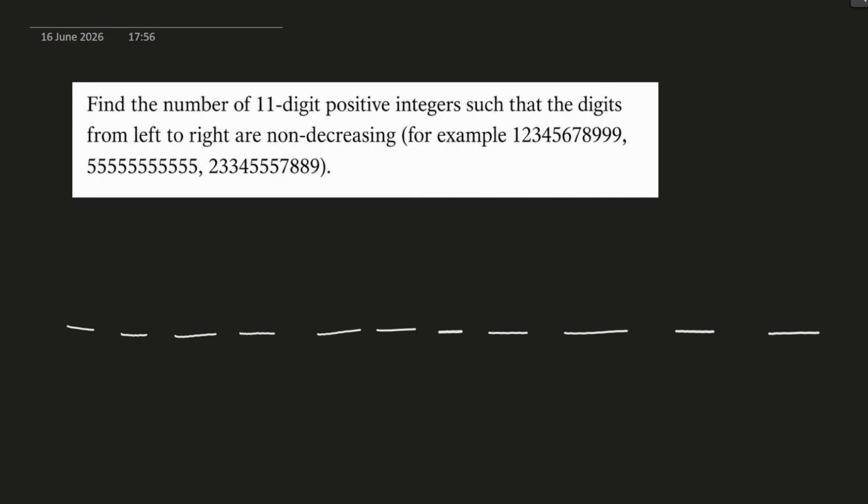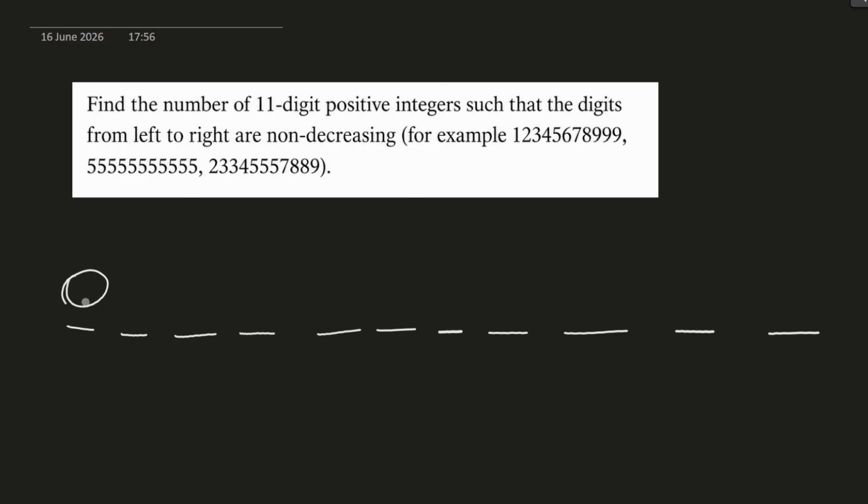So can 0 even be a number here? Think about it. If you place 0 somewhere over here and there's any other number over here, say 8 or say 2, then it'll violate the condition that is given in the question. It has to be non-decreasing, right? So 0 can't be anywhere in the middle or at the end.